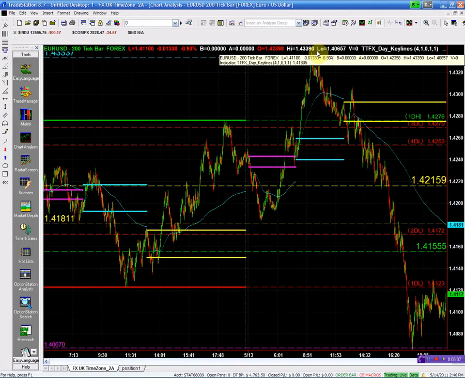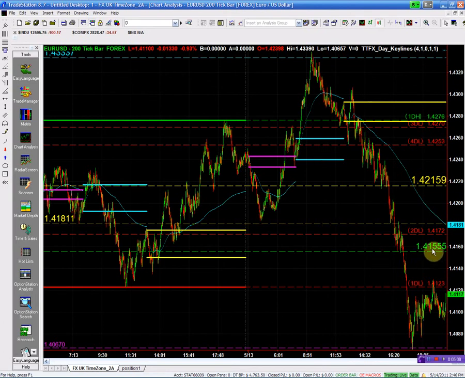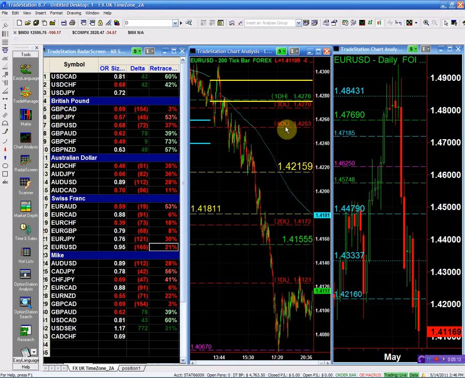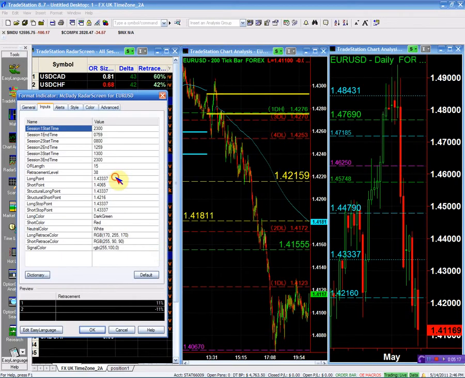We're going to buy it above 141.55, and it's a short. Okay, and if I buy it at 45, I'll place my stop below 141.23.